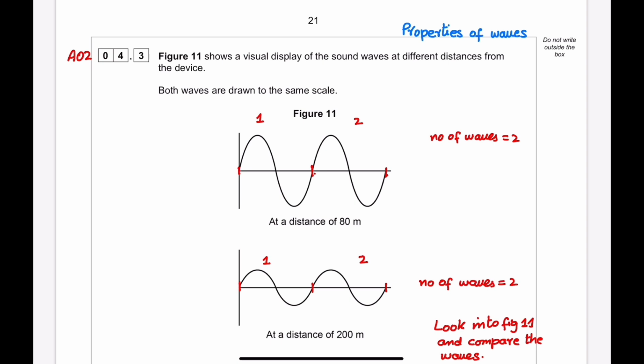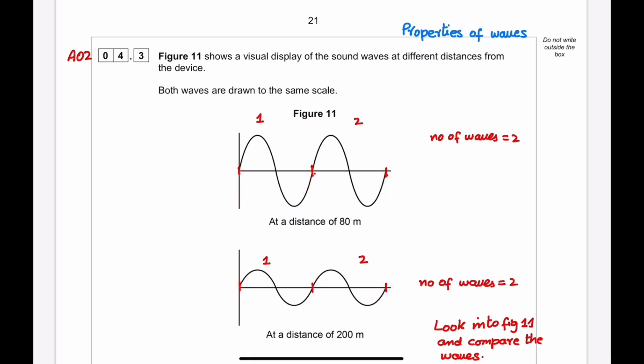Both waves are drawn to the same scale. In figure number 11, we can see the wave pattern at a distance of 80 meters and at the distance of 200 meters. We can see the number of waves are 2. Similarly, the number of waves on the second pattern are also 2. We can see here the size of one wave is same in both of the patterns.